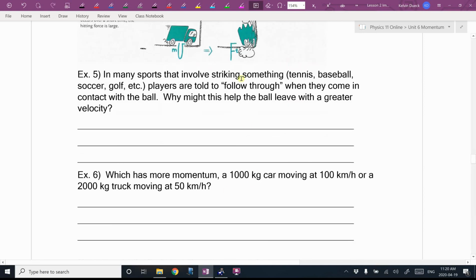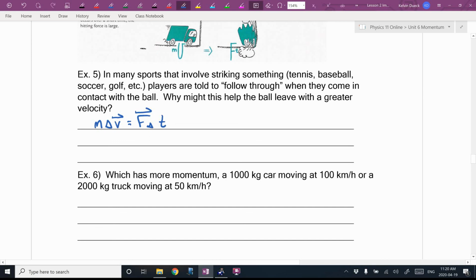In many sports that involve striking something, tennis, baseball, soccer, golf, etc., players are told to follow through when they come in contact with the ball. Why might this help the ball leave with greater velocity? Well, again, another way to think about impulse is this. Mass times change in velocity is force times change in time.